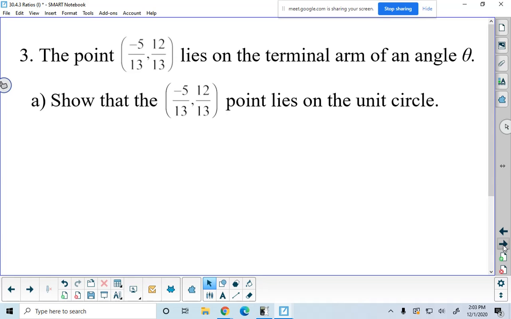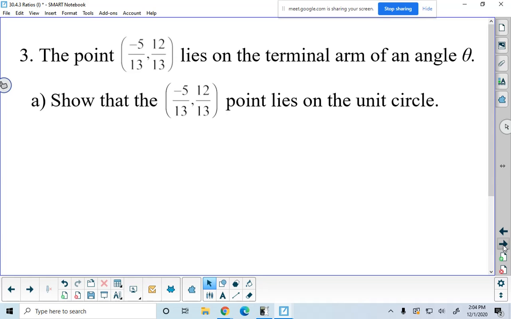So we're looking now at example 3. We have a point that's on the terminal arm of a rotation angle, and the coordinates of the point are negative 5 13ths, comma, 12 13ths. Show that that point is on the unit circle.